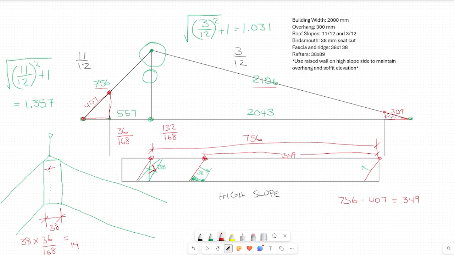Therefore, the shortening at the top for the steep side will be 14. Now, if I go over to my layout here, in this location, I can measure over 14 millimeters, draw another line, and that will be my cut. On the other side of the rafter, I will have the total thickness of 38 minus 14, which equals 24 millimeters shortening.